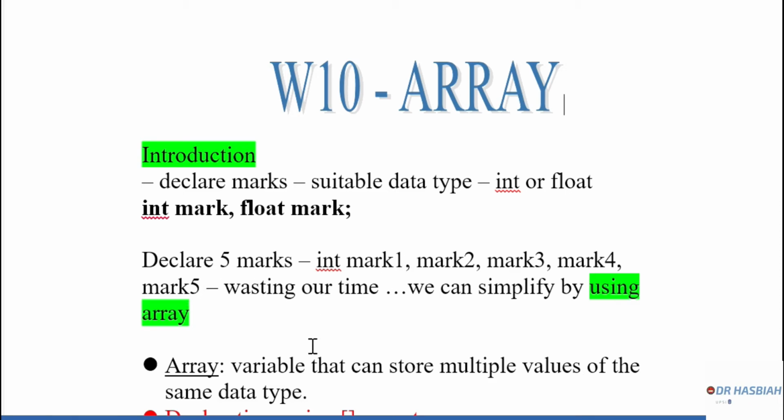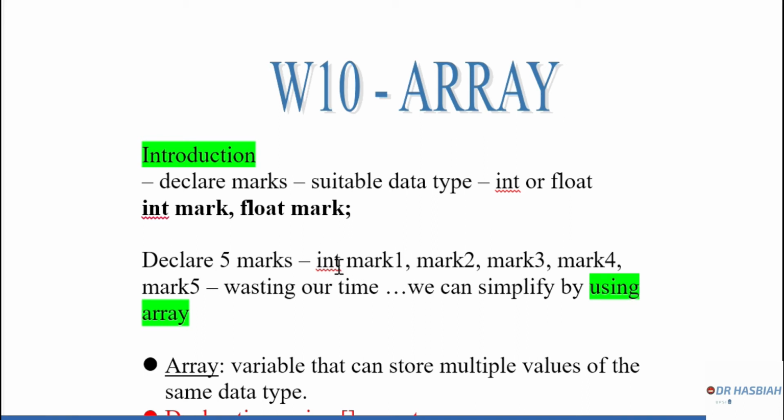All the marks here have the same data type, integer. So you can declare them separated by comma, mark 1 comma mark 2 comma until mark 5, and then you put the data type.